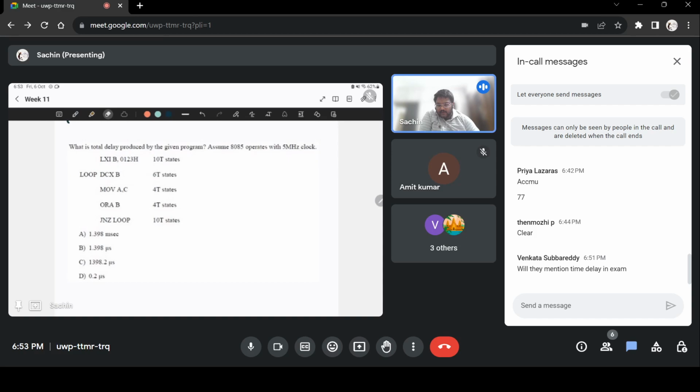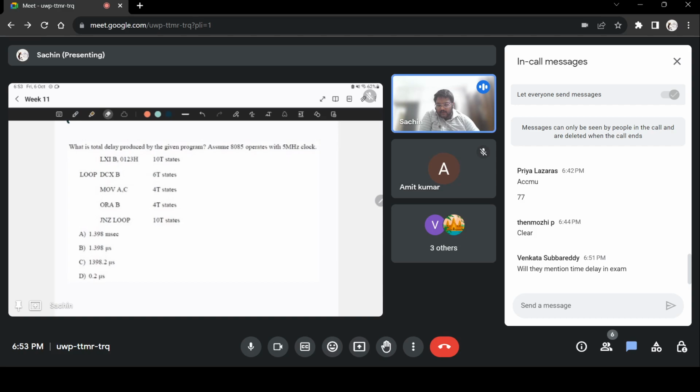The LXI instruction will load the number that they have given into the register pair BC, 0123H.